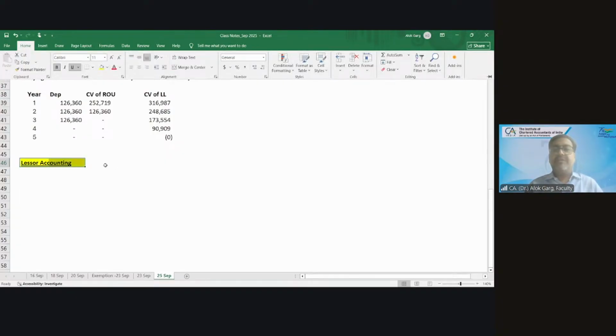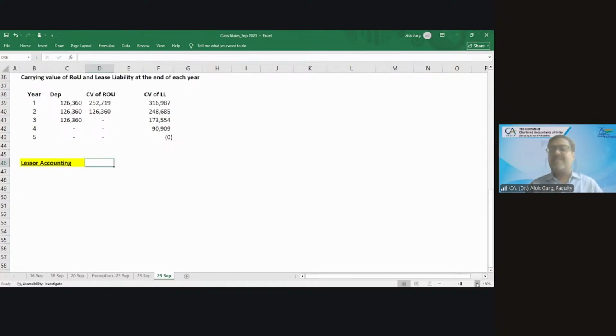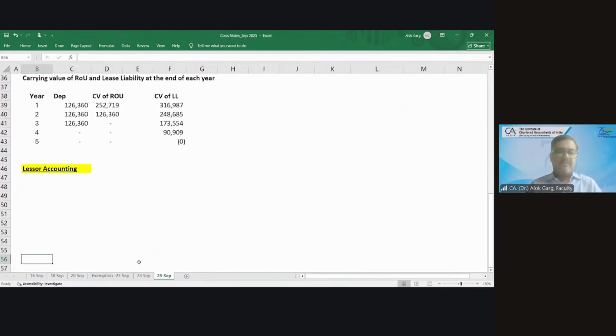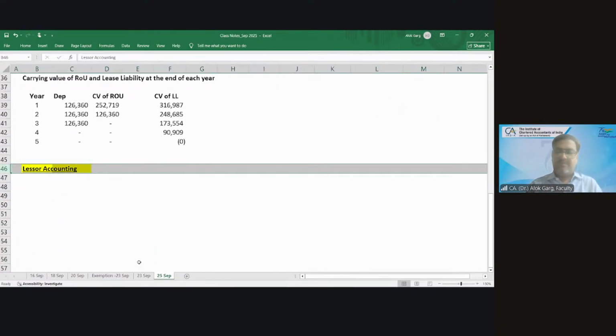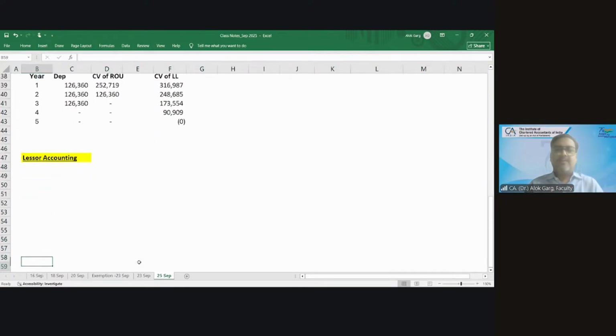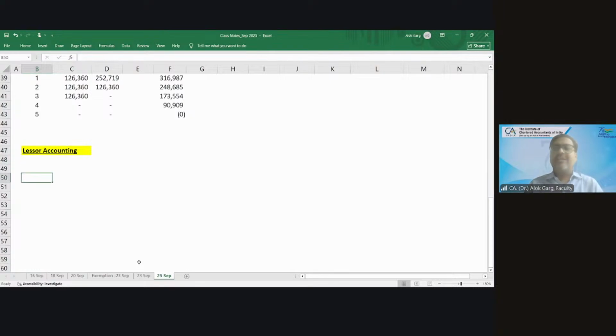Now I will do the revision of accounting standard 19, AS 19. Psychologically, if you relate some concept with an old concept, your learning and level of understanding grow faster.